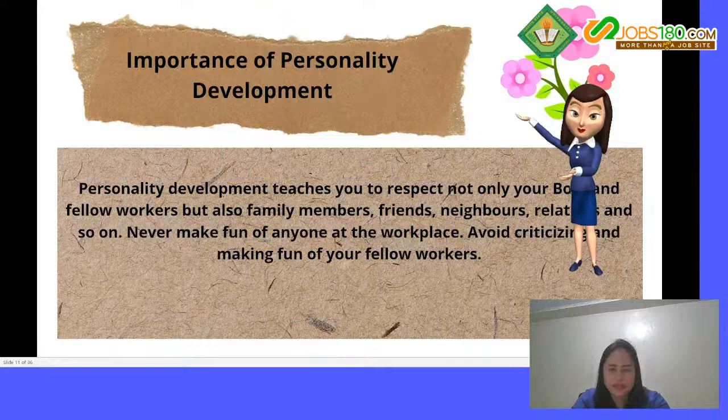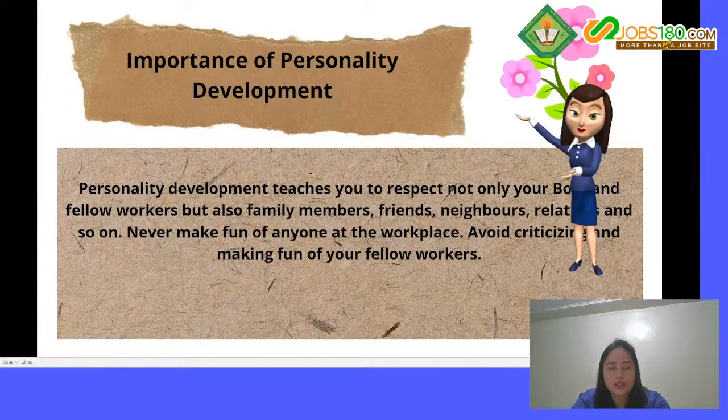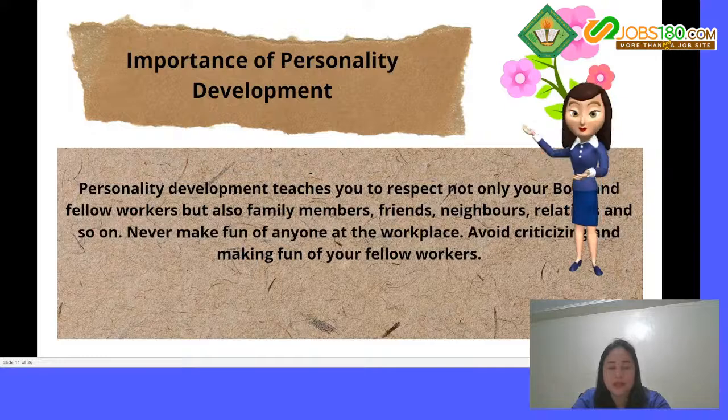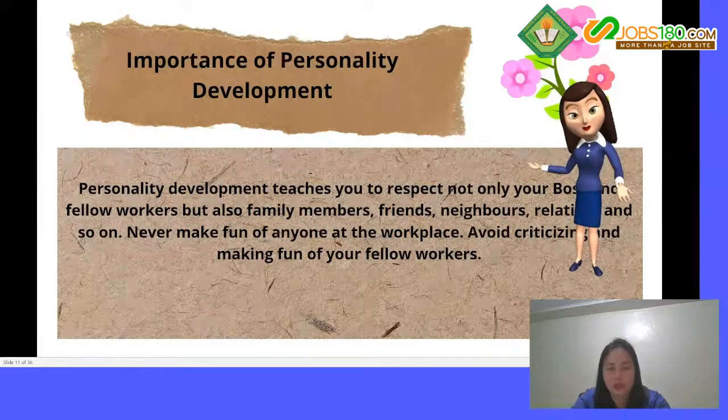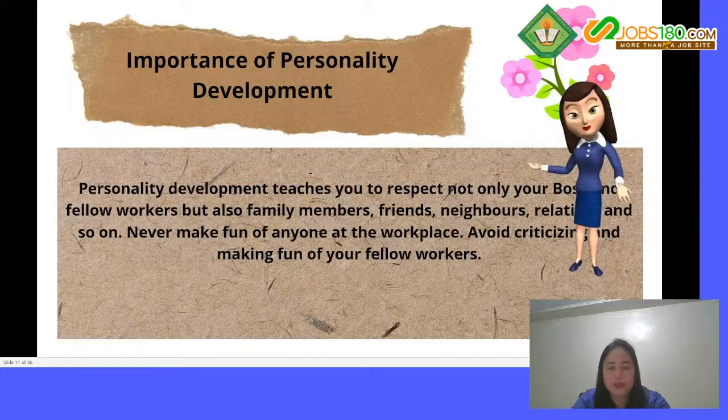Respect is very important to us, especially the people around you and also from you. Having respect for ourselves is the most important. Okay. Avoid criticizing, making fun of your fellow workers.